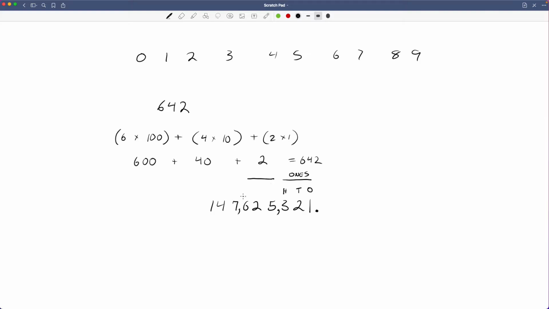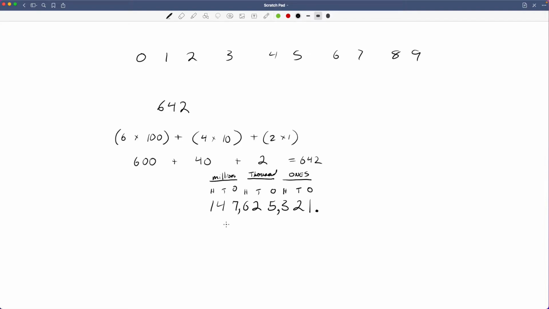Here we have thousands. That's our next grouping up. And again, we have a ones place, a tens place, and a hundreds place. And then the next group is what we call millions. And it has a ones place, a tens place, and a hundreds place. And you can see the pattern repeating. Ones, tens, hundreds, ones, tens, hundreds, ones, tens, hundreds.